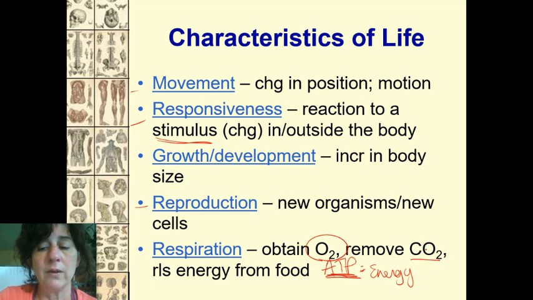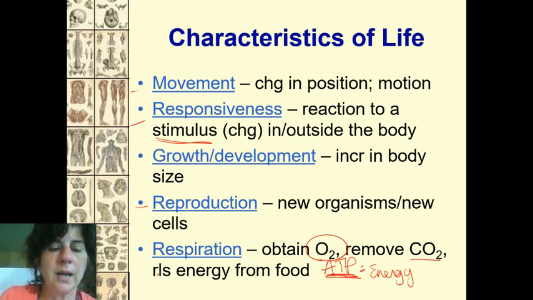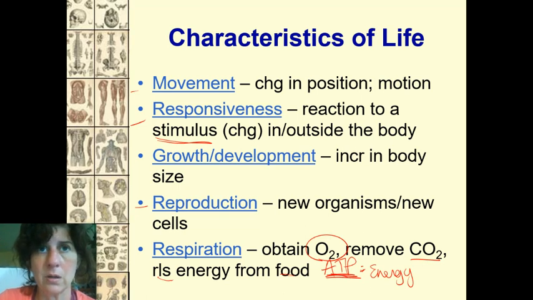We're going to have to get rid of a waste product called CO2. You breathe it out. And you're going to have to release energy from food. So food like the glucose that comes from the carbohydrates that you ate, or the proteins from the meat that you ate, or whatever. You have to get those components out, either to help with growth, like proteins building structures, or the glucose to help build that energy.